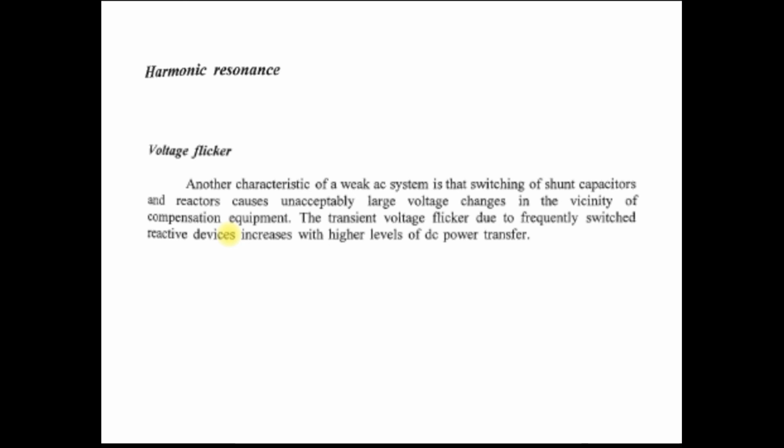The fourth one is the voltage flicker. This is another characteristic of the weak AC system, that is, the switching of shunt capacitor and reactor creates an unacceptably large voltage change in the vicinity of the compensation equipment. So the transient voltage flicker is because of frequent switching of reactive devices like capacitor and reactor.